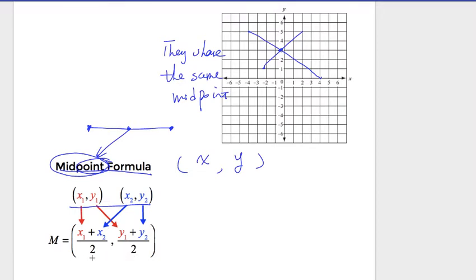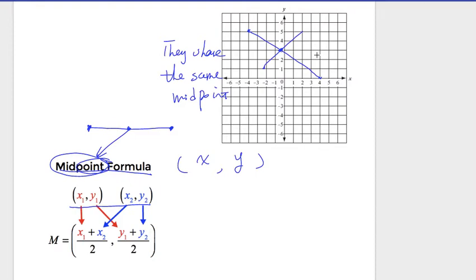That will be the coordinates of the midpoint. So I can easily read the endpoints' coordinates, plug them into the formula, find the midpoint, and compare it to the other one to see whether they have the same midpoint. If yes, they bisect each other. We are going to use this formula to complete the proof today.